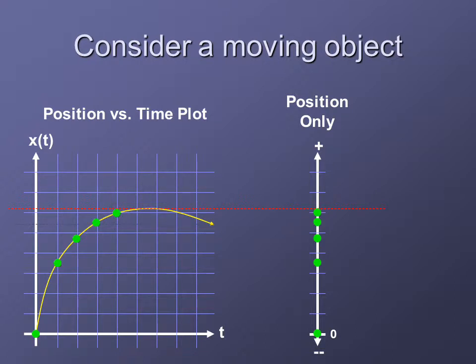And eventually, we're going to go up and hit some sort of peak of our motion, and then we're going to start moving back downwards. So this is a motion where the object goes up and then it goes back down. The peak of the motion is somewhere at this position here, and at this time point right about there.